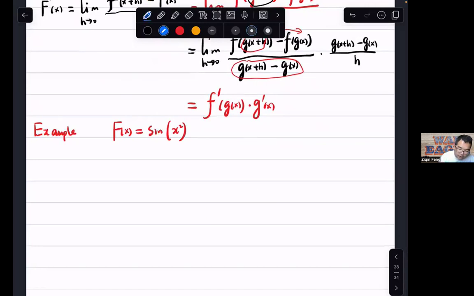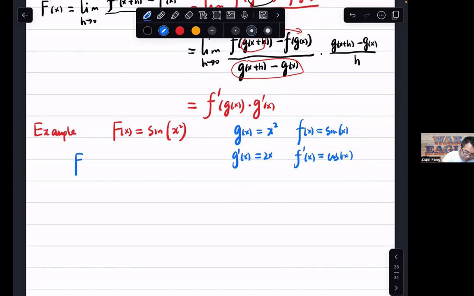In this function, the inner function g of x is x squared, and the outer function f of x is sine of x. So f of g of x is sine of x squared. We need the derivatives: f prime is cosine of x, and g prime of x is 2x.